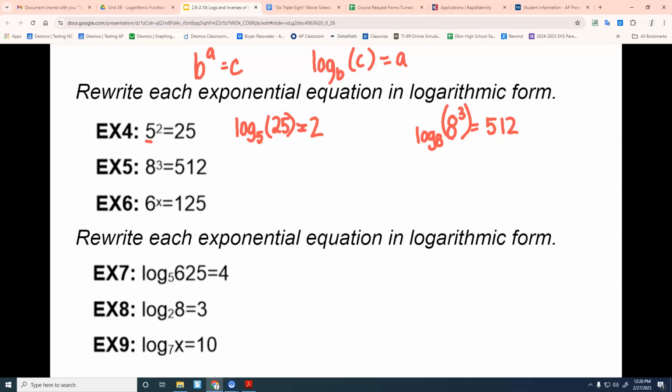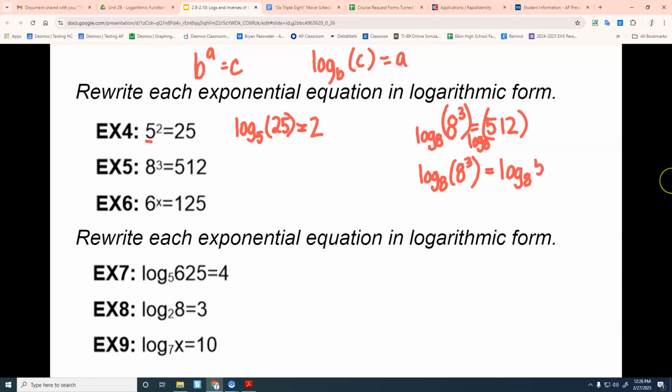But if I do log base 8 of one side, what do I have to do to the other? Also, log base 8, right? Those are the basic rules of algebra, that if you do something to one side, you've got to do it to the other. So I would also do log base 8 of 512. I'm going to even write this out. I would never write all this, but I want to be very clear in what I'm thinking about.